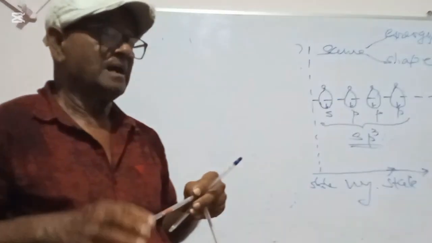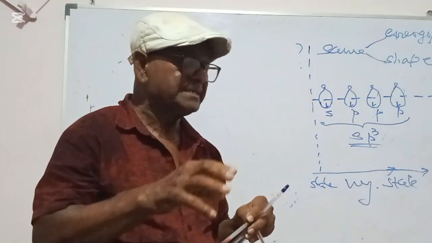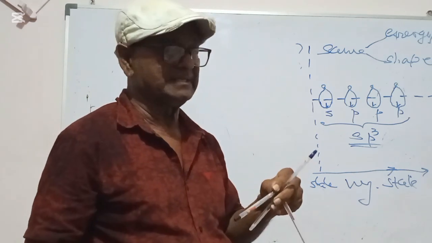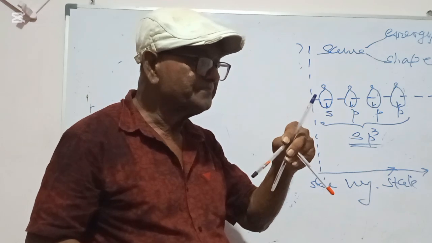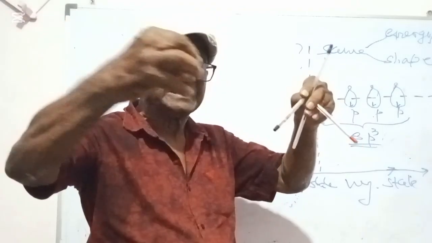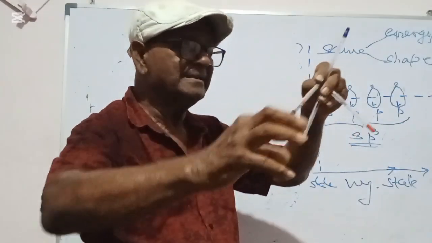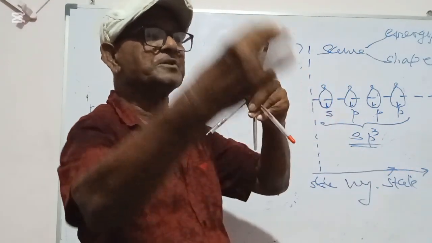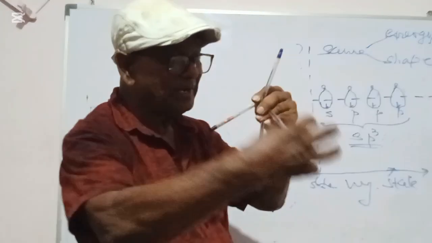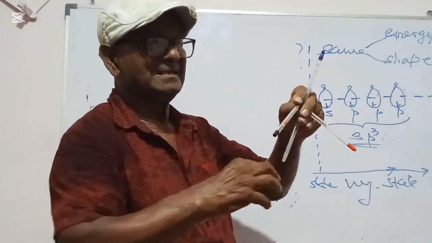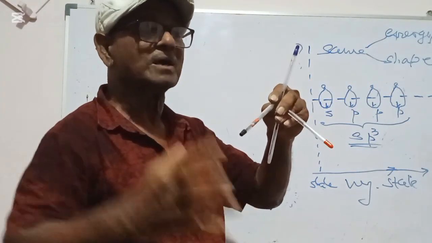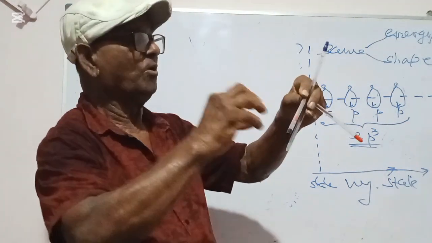So, after the hybridization, they give tetrahedral arrangement. Is it clear? Then when H atoms come here, like bees come to the flower, they see all are identical. If 4 bees come, no competition because all are the same.